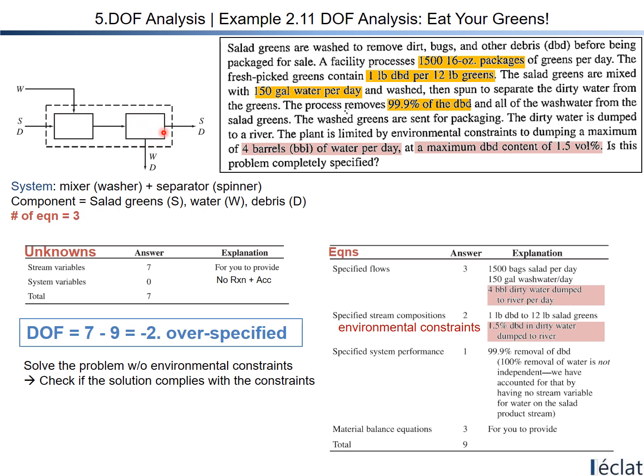The first one is the cleaner salad. Of course, this clean salad also includes the debris, but the amount of debris is smaller than before. Also in the second output stream, you have water containing debris.